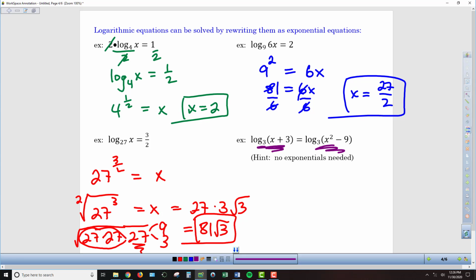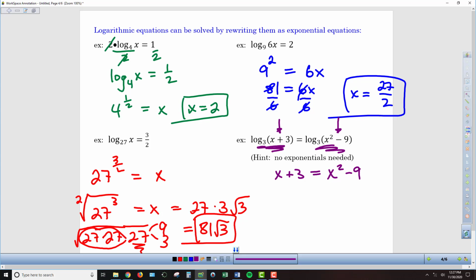Instead, we can go ahead and recognize that for this equation to work, if I'm taking the log base 3 of something over here, and I'm taking the log base 3 of something else over here on the other side, well, these two things inside of the logarithms have to be equal to each other. Or in other words, x plus 3 needs to equal x squared minus 9 for this problem to work.